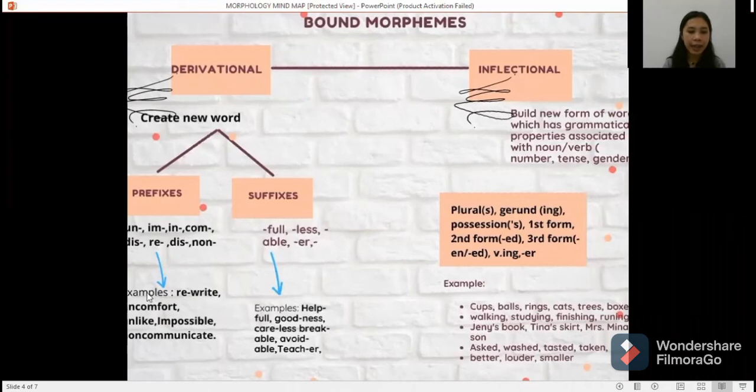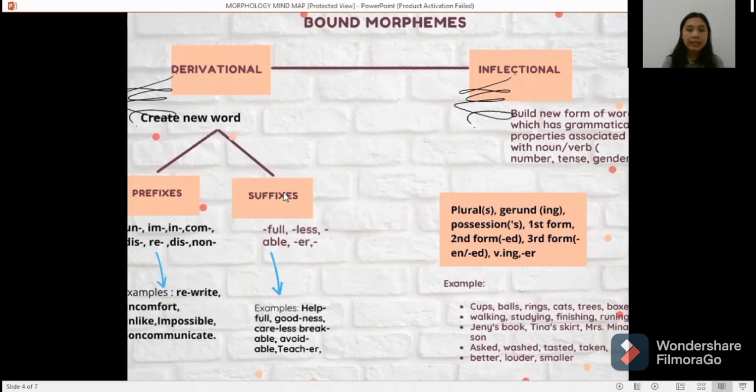Okay, let's see the examples, such as rewrite: write as the base of the word, a verb, right? So re is a prefix, and comfort as the base of the word, and un as the prefix. Impossible: possible as the base of the word, and im as its prefix.